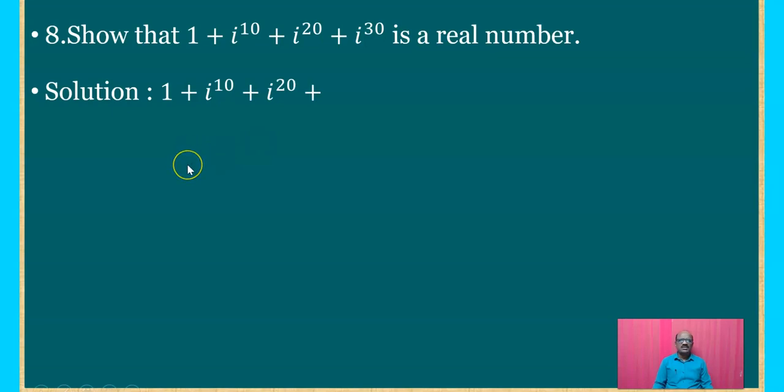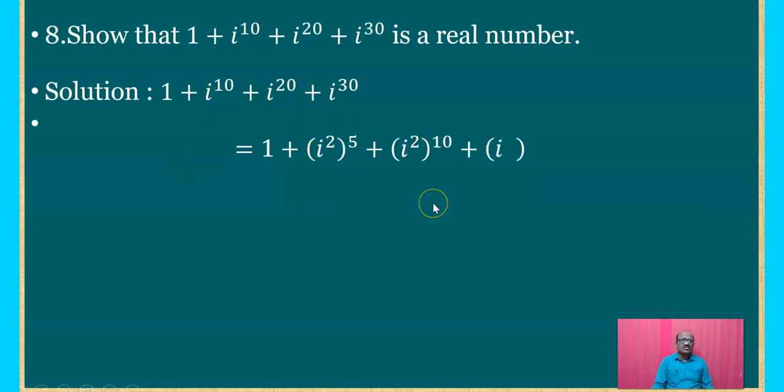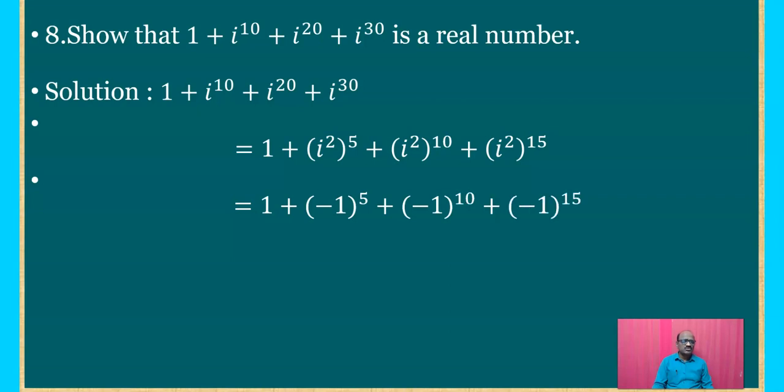It's a normal, simple example. i^10 can be written as (i²)^5, (i²)^10 plus (i²)^15. i² is -1, so (-1)^5, (-1)^10, (-1)^15. And you will get 1 minus 1 plus 1 minus 1. Overall you will get 0, which is a real number.